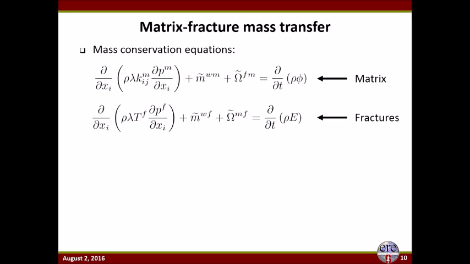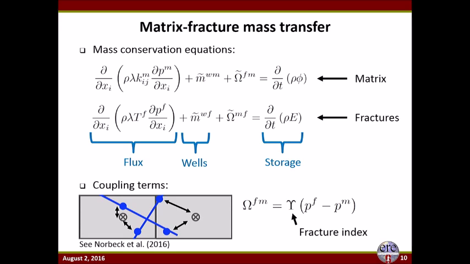So what does this look like from a mathematical perspective? Here I'm just writing the mass conservation equations for single phase flow in the matrix and the fracture domain separately. And what you'll notice is that in addition to your usual terms related to flux, wells, and storage, you have this additional coupling term related to the mass transfer between the two domains. And the way I've written it here, you'll see it looks exactly like the way that we treat wells.